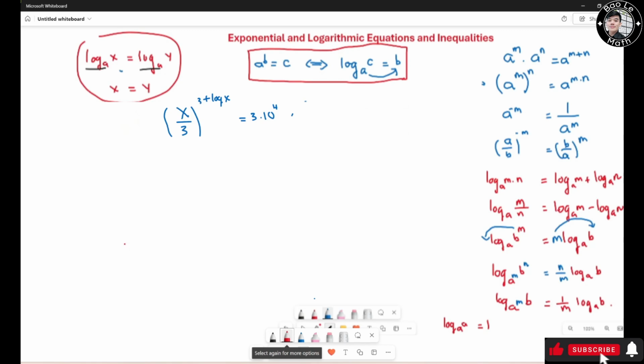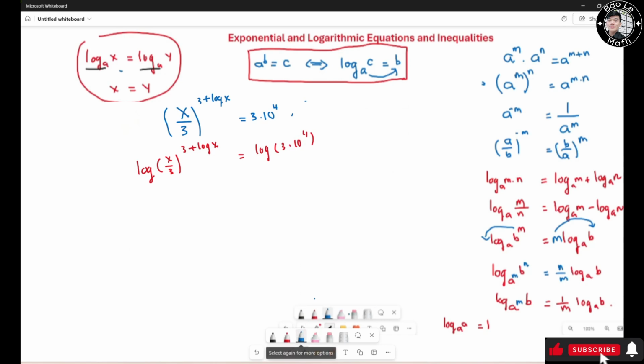(s over 3) raised to the (3 plus log s) equals 3 times 10 to the 4. Alright, so log of (s over 3) altogether raised to the (3 plus log s) equals log of 3 times 10 to the 4, right?